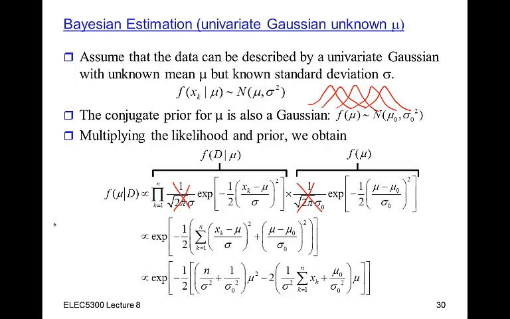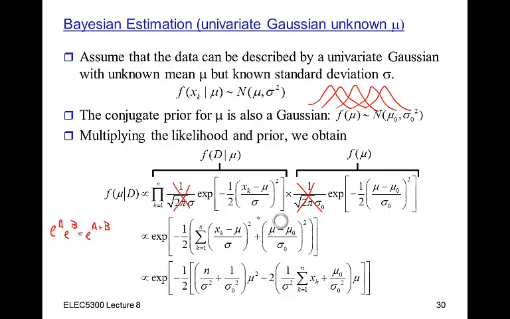We're going to exploit the fact that e to the a times e to the b is equal to e to the a plus b, to first take the product of all these exponentials and express it as the exponential of the sum. So I get the exponential of minus 1/2 times the sum, and then I also add whatever was inside the other exponential: minus 1/2 times the quantity mu minus mu0 divided by sigma 0, squared.